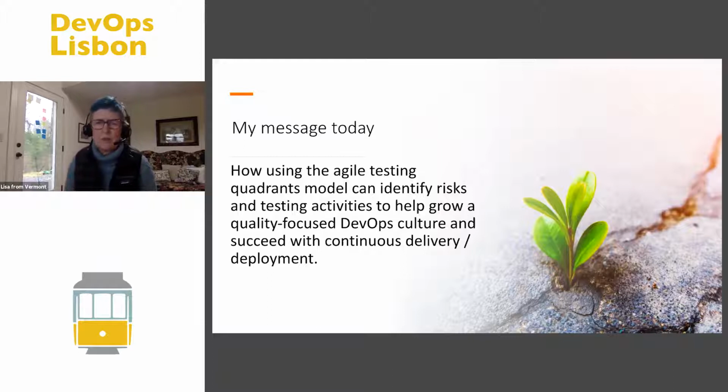Then we'll talk about how we can apply this thinking model to help us plan our testing for a continuous delivery environment. We'll try to handle both sides of that DevOps loop and apply them to things like creating our deployment pipelines, and some of the benefits we can expect. And then of course we'll have a Q&A, so that'll be the best part.